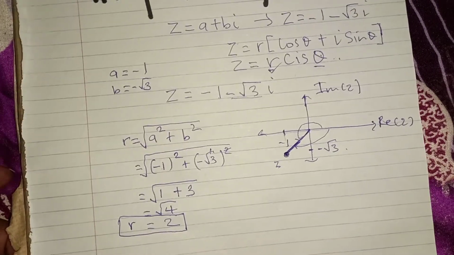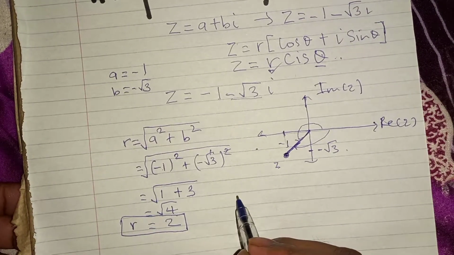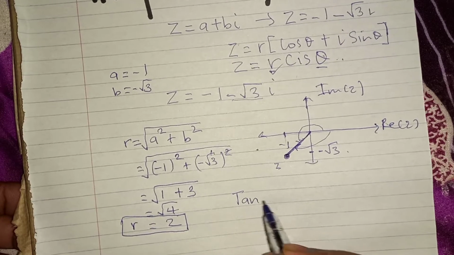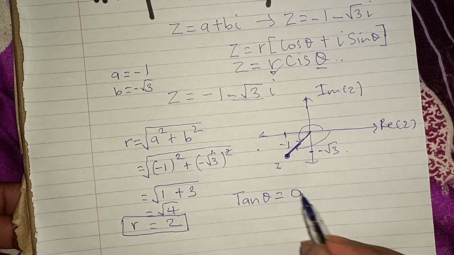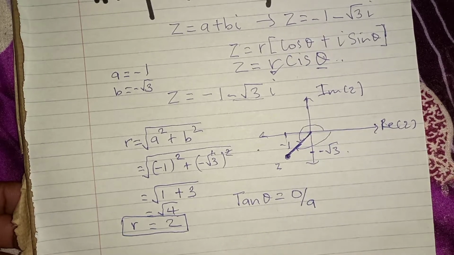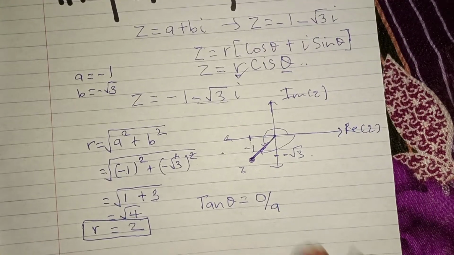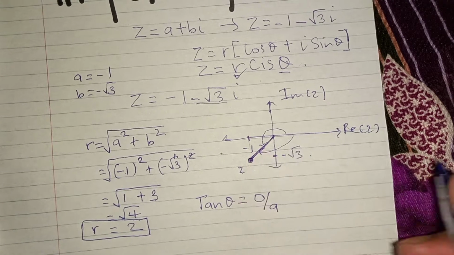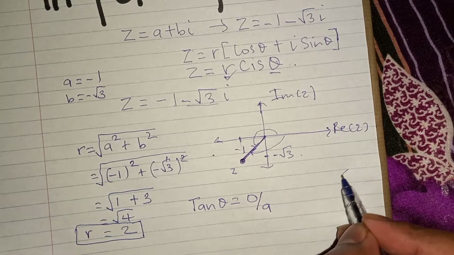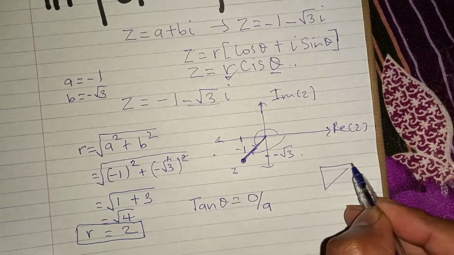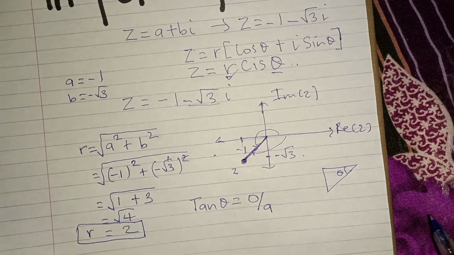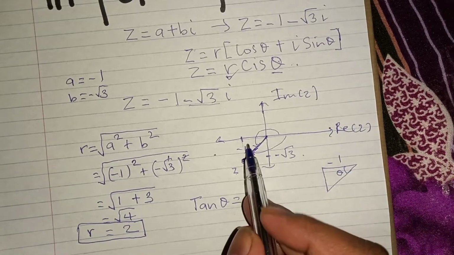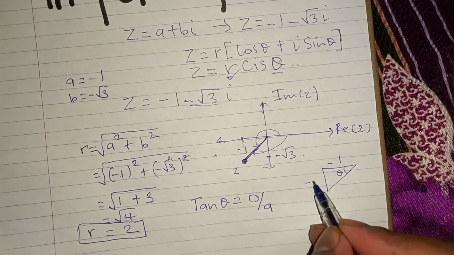Now to find the value of theta, we have to take tangent theta, and tangent theta is opposite over adjacent. If we make this triangle on the side, it will look something like this. This is the value of theta that we have. This side is -1 and this side is -√3.